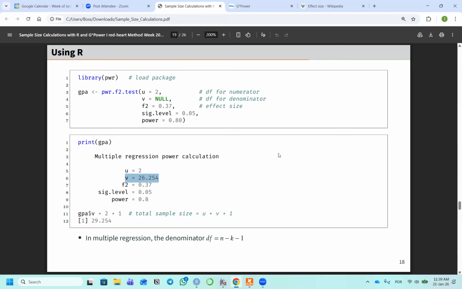I can switch this formula around and calculate my sample size, which is equal to v plus u plus 1. I get around 29.2, which I can approximate to 30. This is basically the same result as the previous one I obtained using G*Power.